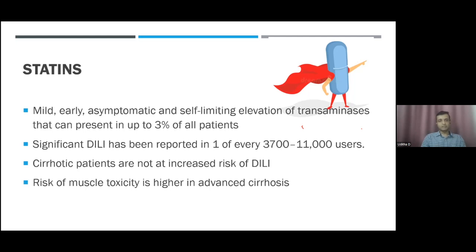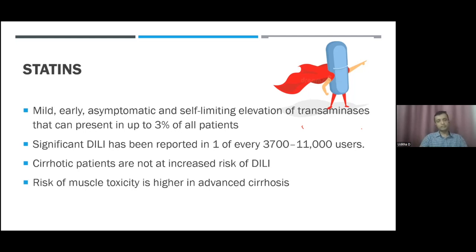This happens usually in the first 3 months of statin therapy, and it's self-limiting. So even if you continue the statin during this period, the AST and ALT would gradually come back to normal.